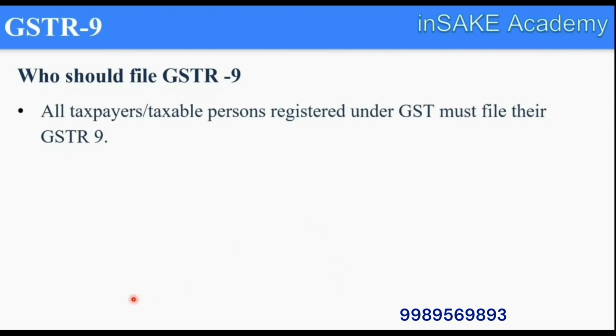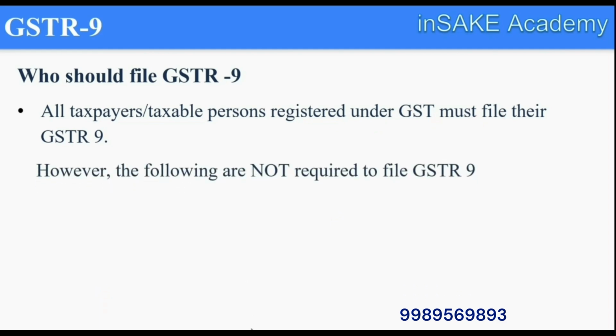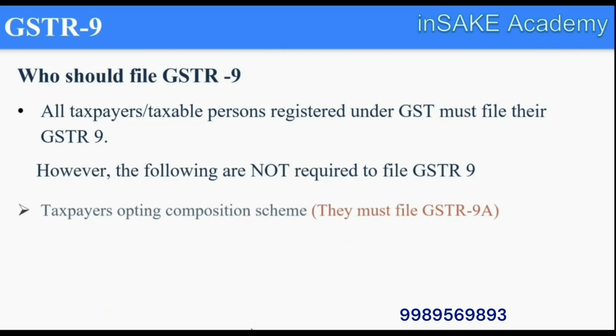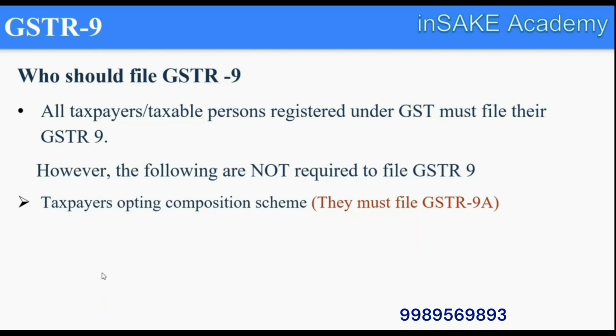All the taxpayers, taxable persons registered under GST, must file a GSTR 9. However, there are certain exceptions because they have alternative forms for filing. The first one is the taxpayers opting for the composition scheme.